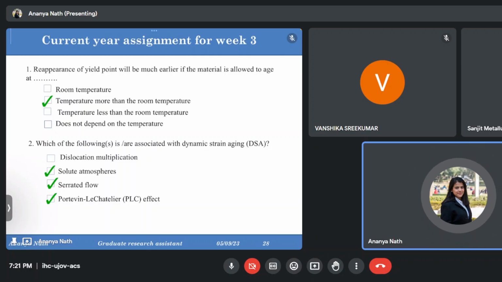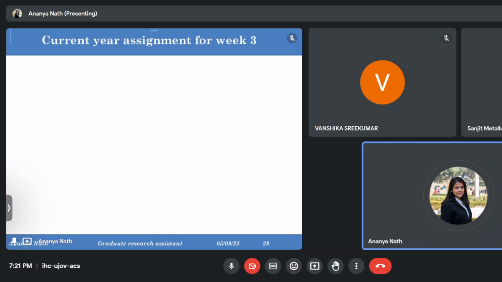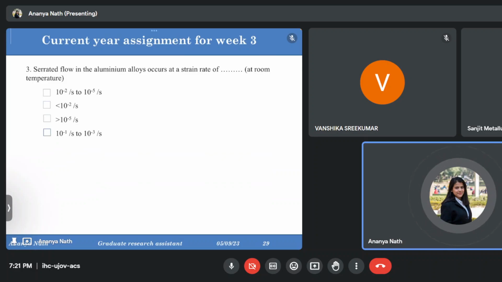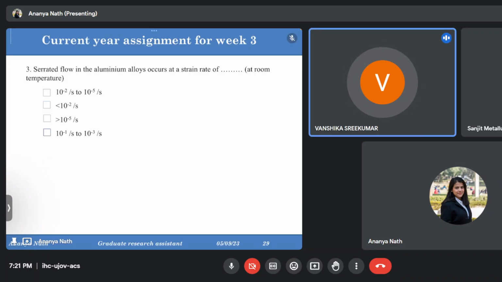Due to dynamic strain aging, as I told you, you can see visually with your naked eye the serrated lines in the alloy after some tensile test or after some externally applied load in the material. So serrated flow in aluminum alloys occurs at a strain rate of, at room temperature, 10 to the power minus 2 per second to 10 to the power minus 5 per second.